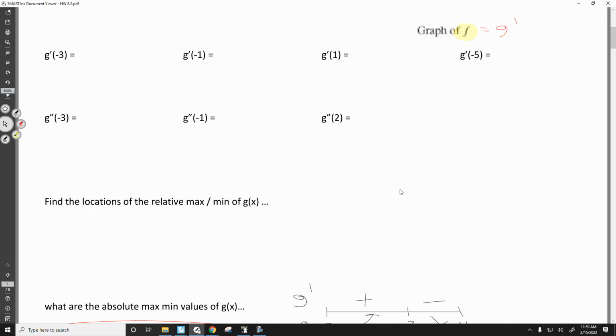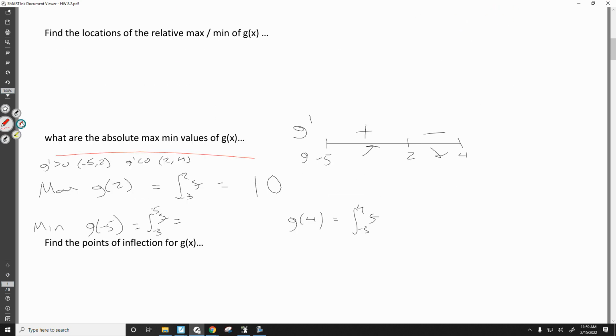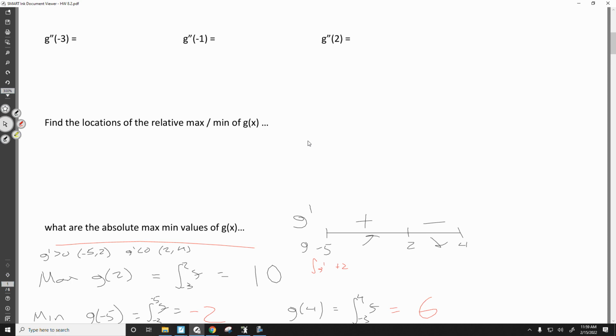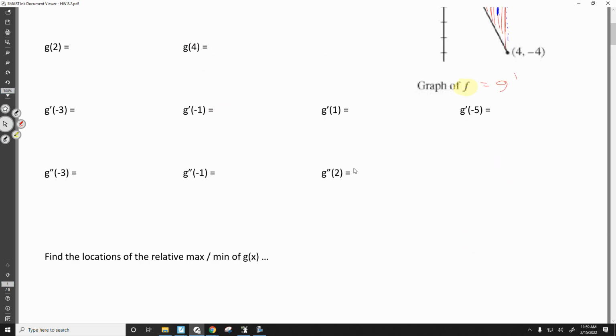Let's just make sure this makes sense. -2, 6. What was the area under G prime from -5 to 2? Well, we had a +2 from -5 to -3.